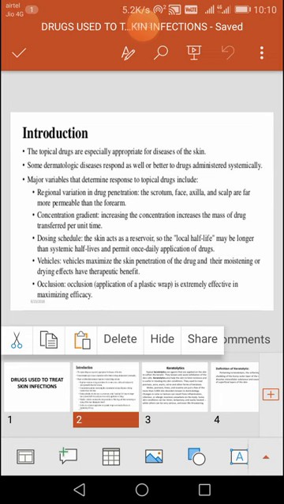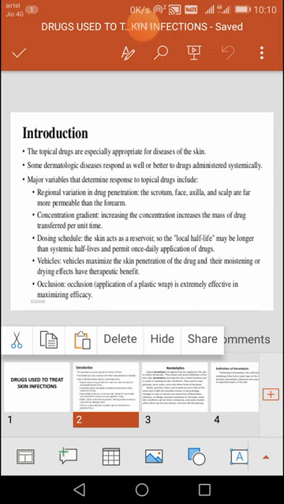Introduction. The topical drugs are especially appropriate for diseases of the skin, and the dermatological diseases respond as well or better to drugs administered systemically. Systemically means by IV or IM or oral.